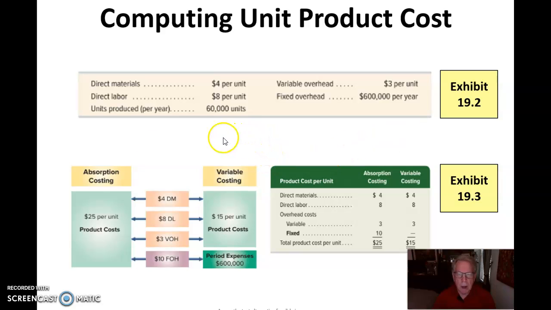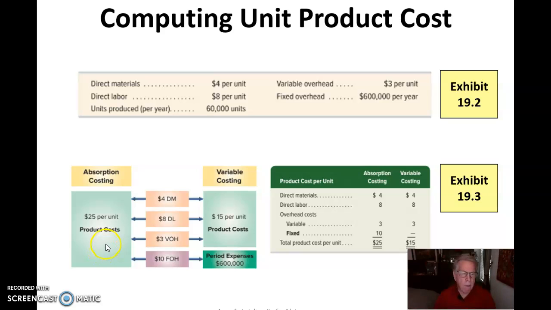So under absorption costing, if I take my $4 per unit, my $8 per unit, and my $3 per unit variable costs, we put those in both our absorption costing product cost and our variable costing. However, this $10 fixed overhead cost is going to go into our product costing under absorption costing.